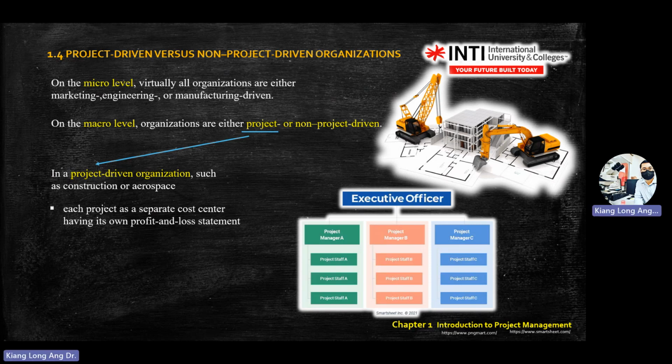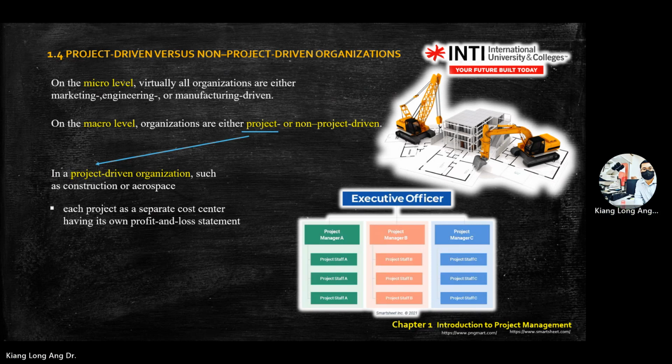For example, one department has its own P&L. During the board meeting, each department has to present its profit or P&L statement to the director, showing the performance of that particular department.